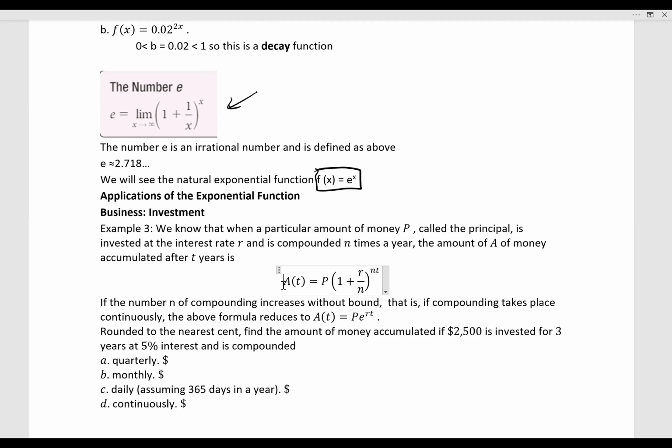And you're going to say, what's A(t), what's P, what's r, and what's n? I would like to say P is the initial amount or principal amount here.